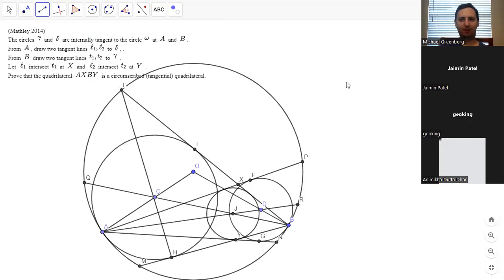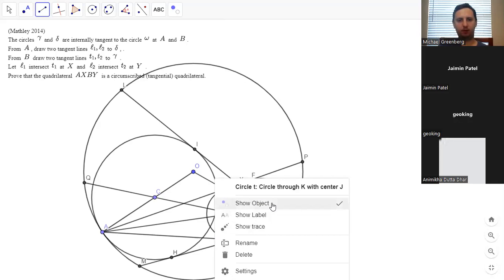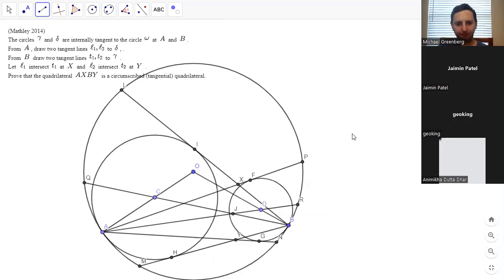Those almost look collinear, but they're not. Yeah, I'm going to hide this circle for now, just to make the diagram a little easier.